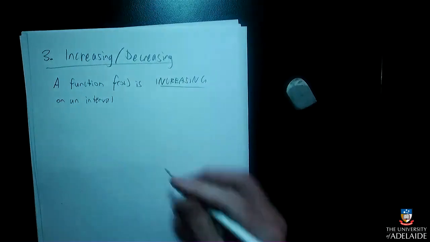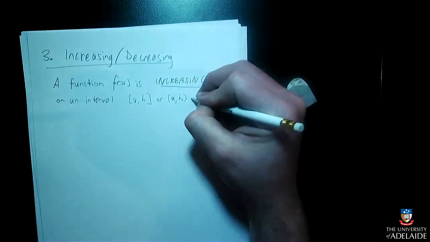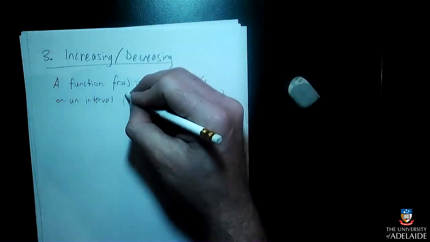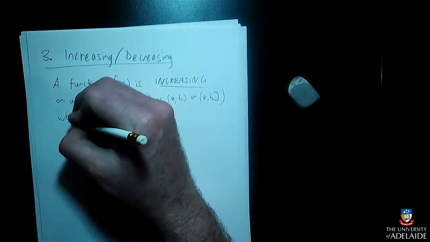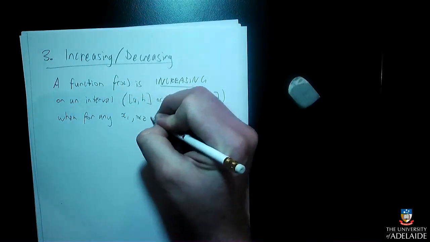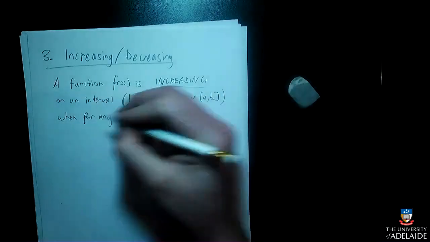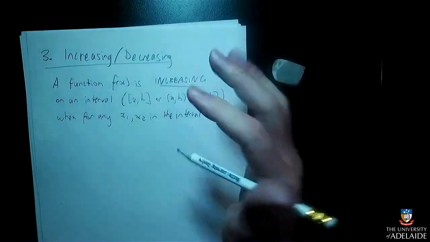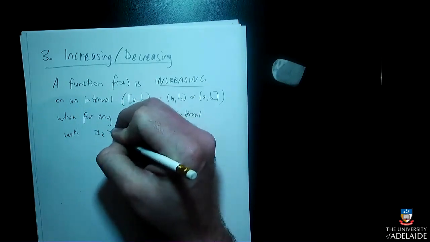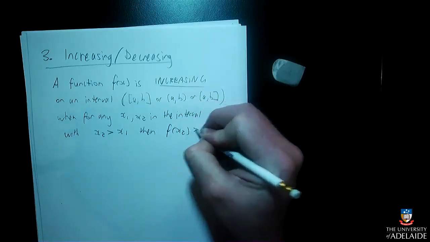Now that interval could be like from A to B, or any other combination, when for any x1 and x2 in the interval, with the x2 being greater than x1, then f of x2 is greater than f of x1.